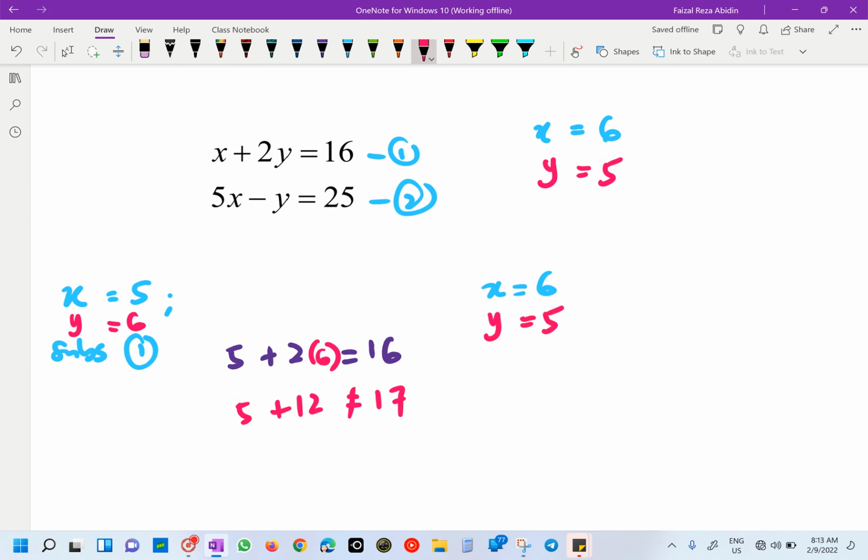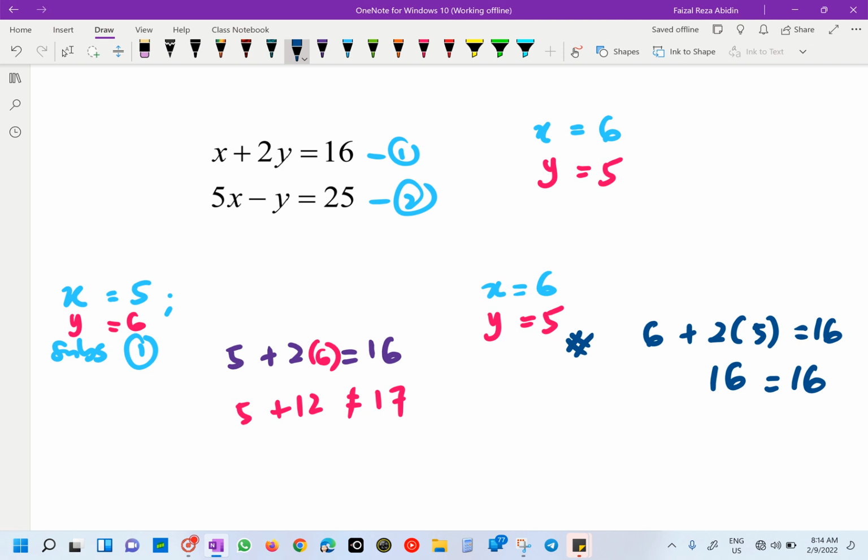See? Actually you already know the answer is x equals 6, y equals 5. Understand what I mean? So, for example, show: 6 plus 2 times 5 equals 16. So this one, 16 equals 16. Yes, we got the answer. This one we use the trial and improvement method.